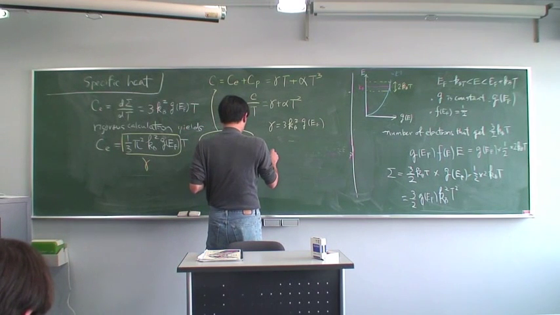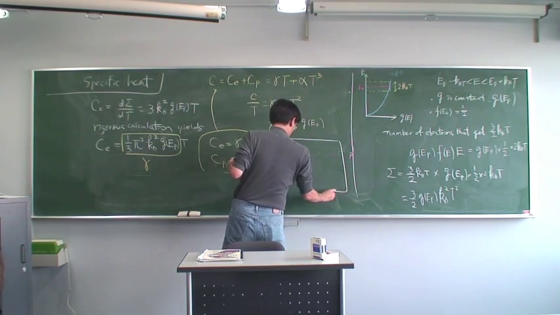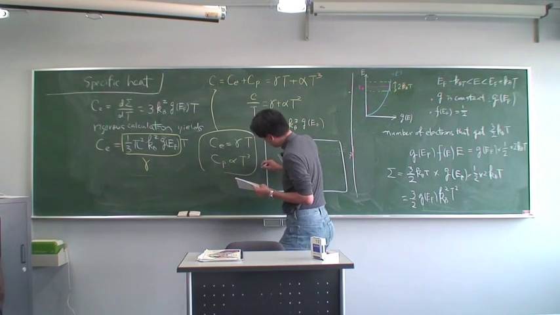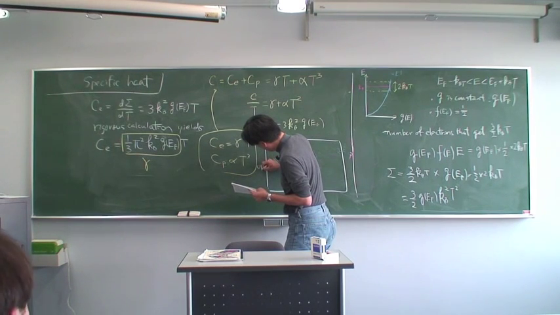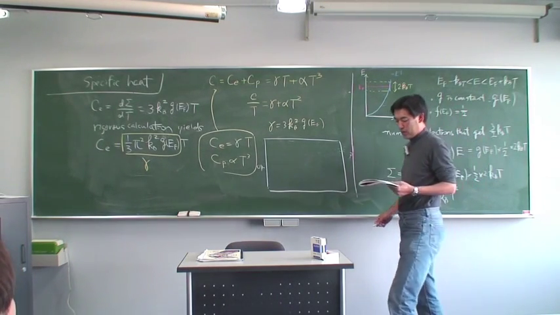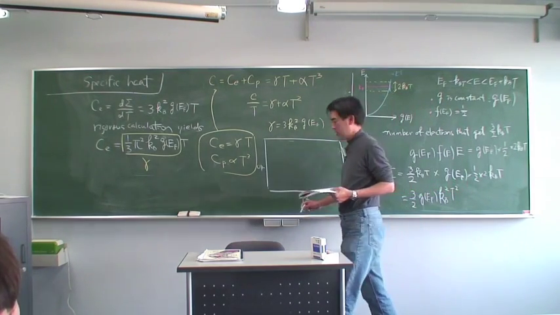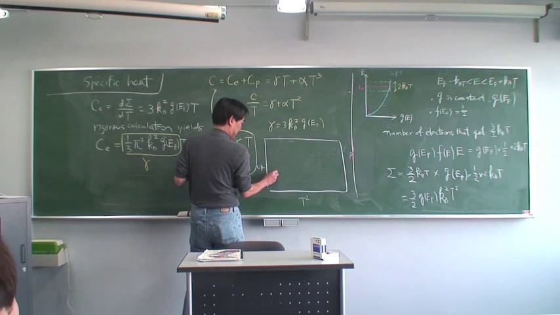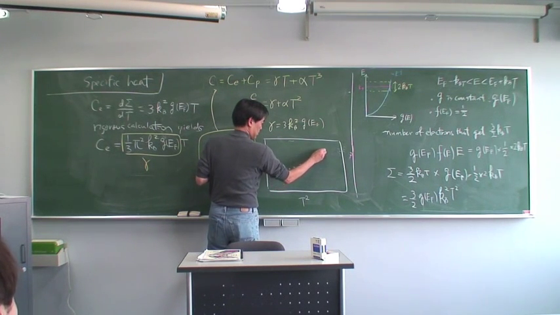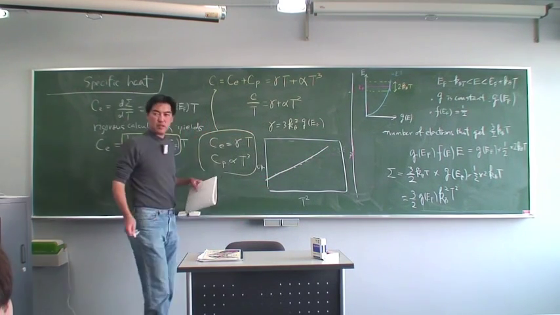So what people measure is the following. People measure specific heat and plot C over T on the vertical axis, and the horizontal axis is T squared. Then the measurement results usually give something straight, and you extrapolate like this.